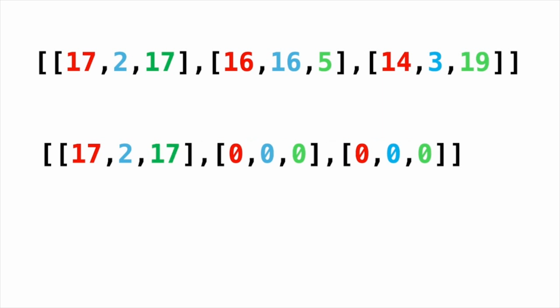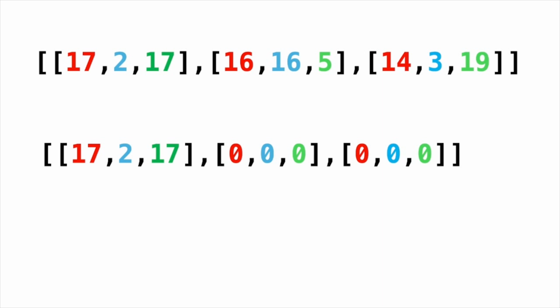If you like to color the second house, we have to compare with the first house. If you like to color the second house in red color, the previous house should be either blue or green. It cannot be red color because two adjacent houses cannot have the same color. So we have to find the min of blue color and the green color and we have to add it to 16.